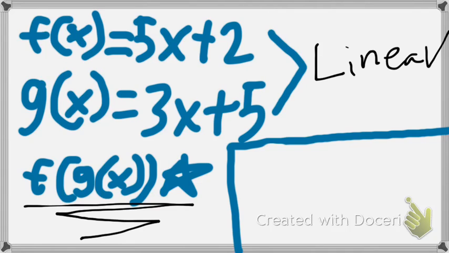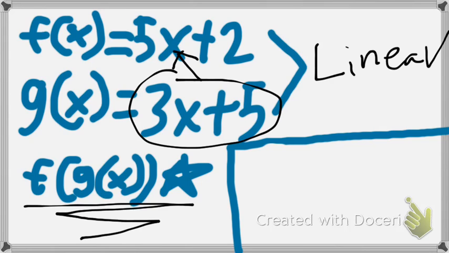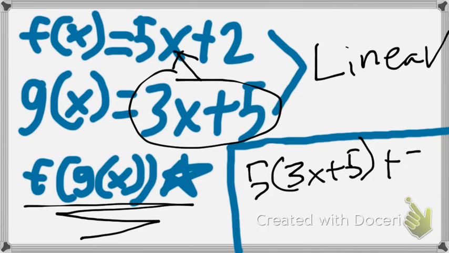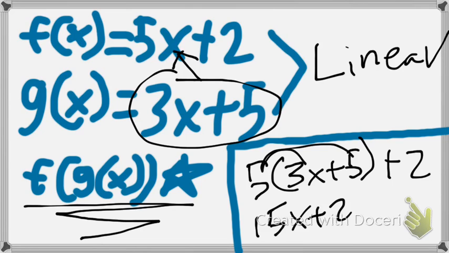What you're going to do is essentially put this into that x. So it's going to go 5 times 3x plus 5, plus 2. Then you distribute the 5, of course. That'll become 15x plus 25 plus 2.